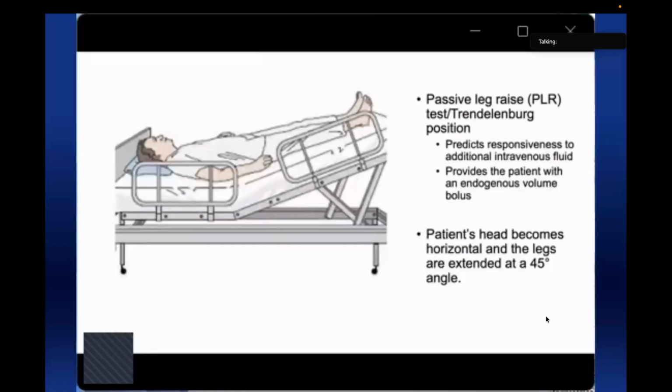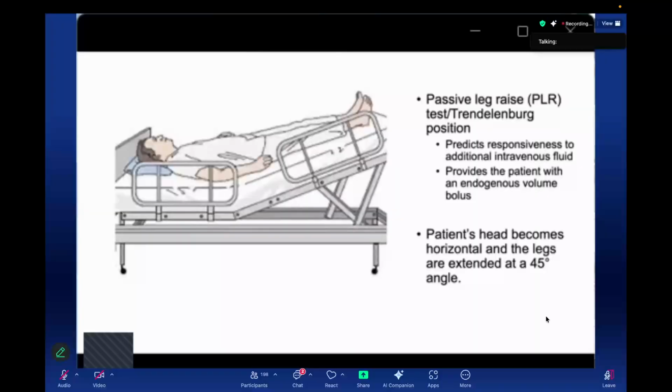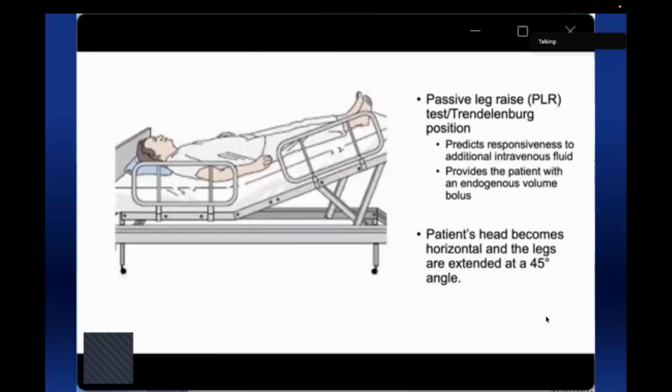It predicts responsiveness to additional intravenous fluid, providing the patient with an endogenous volume bolus, especially if your patient has an arterial line wherein you can immediately see the response of your blood pressure. The patient's head becomes horizontal and the legs are extended at a 45 degree angle as shown here.